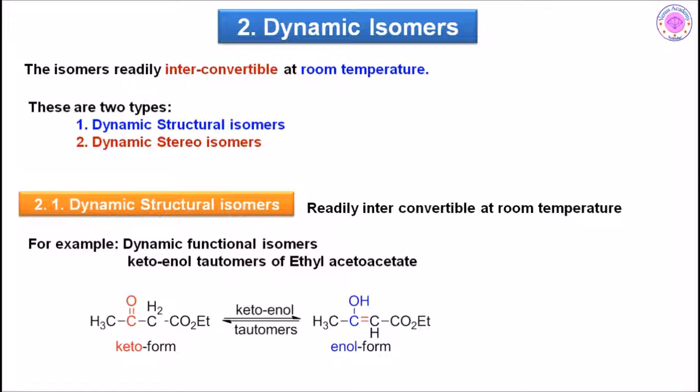It may be asked in many entrance exams: what is the isomerism of the keto form of ethyl acetoacetate, and what is the isomerism of the enol form? In any way this may be expected. This is very important. This is dynamic structural isomerism.